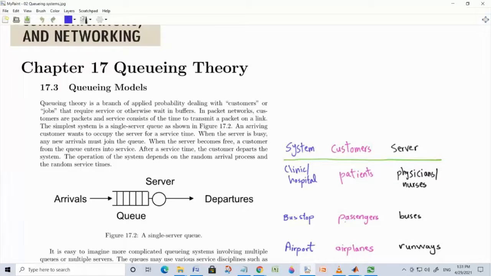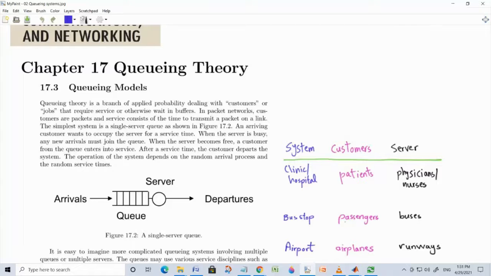There are servers, but typically there are not too many of them, and so the customers may need to wait in a queue to be served, and then after waiting some time, they will be served. Okay, and then they leave the system.